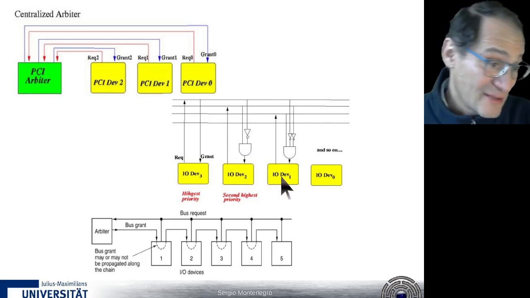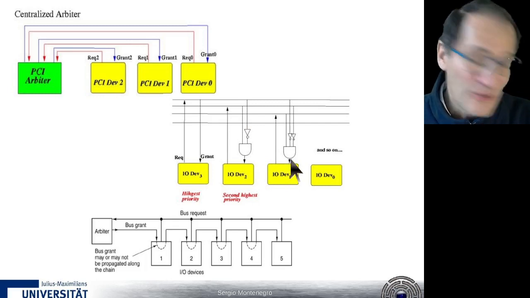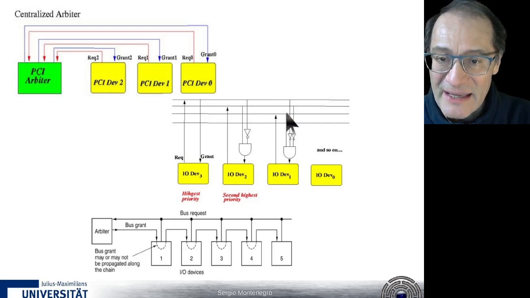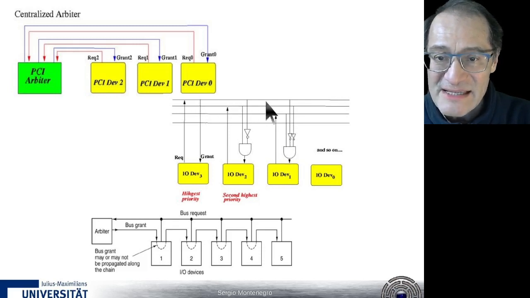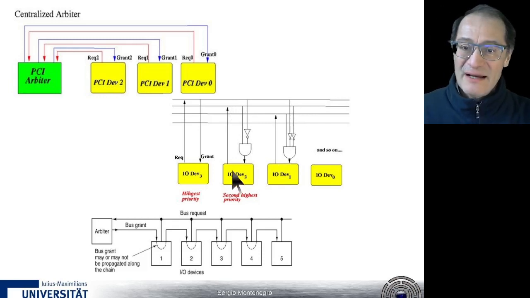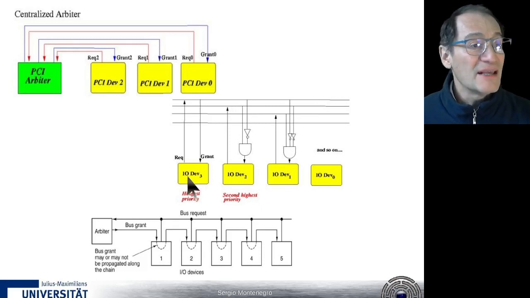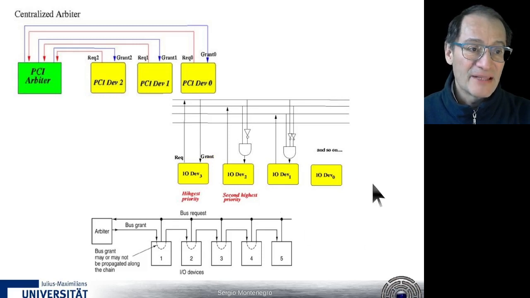And the last one with a lower priority is to get access to the bus. First, he has to have a request. This may not be active, and the second one may not be active. So it will get access only if he wants it, and the ones with higher priority don't want to access the bus. Okay, and this is a distributed arbiter.